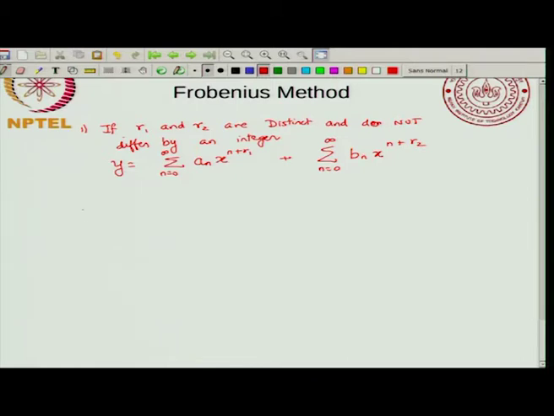If r1 equal to r2, equal to r, then write one solution y equal to the sum over n equal to 0 to infinity of a n x raised to n plus r, and the other solution by variation of parameters.